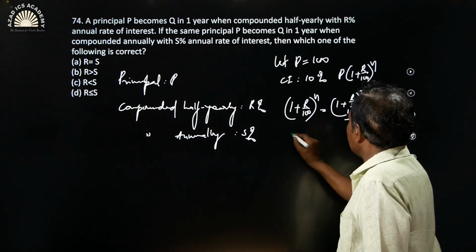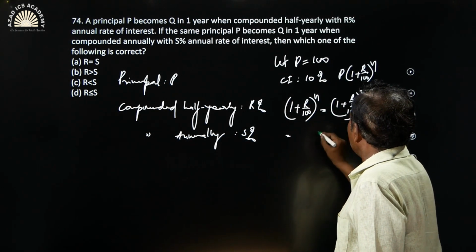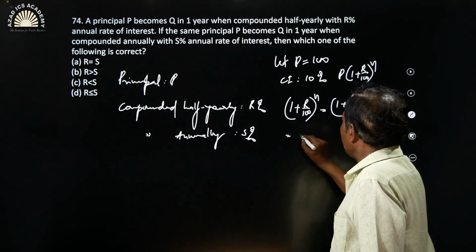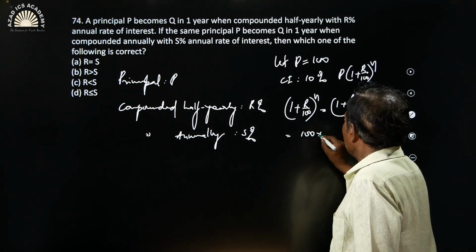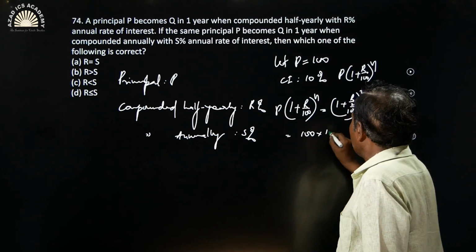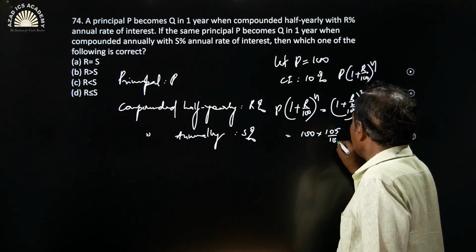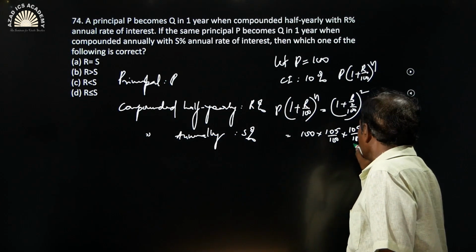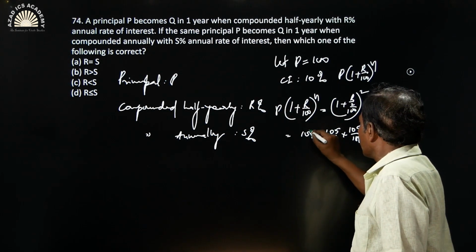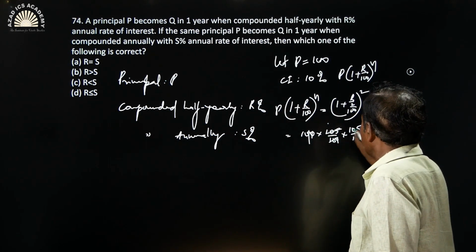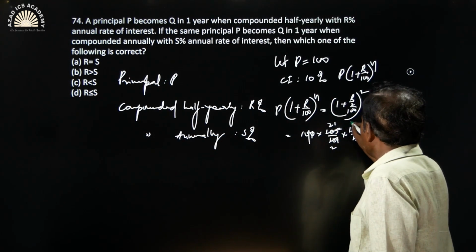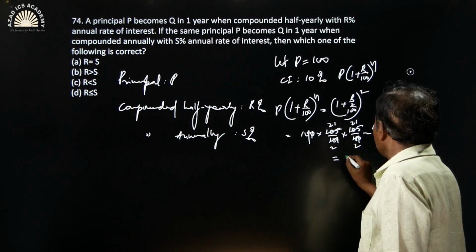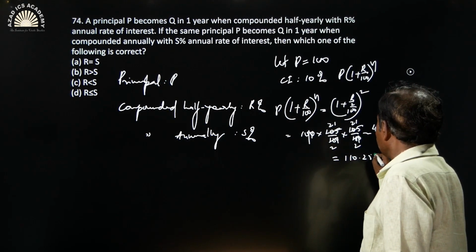The rate of interest is 10%, so 10 by 2 is 5%. This is 100 into 105 by 100 into 105 by 100. The zeros get cancelled, giving 21 by 2 into 21 by 2, which is 441 by 4. We get 110 rupees 25 paisa.